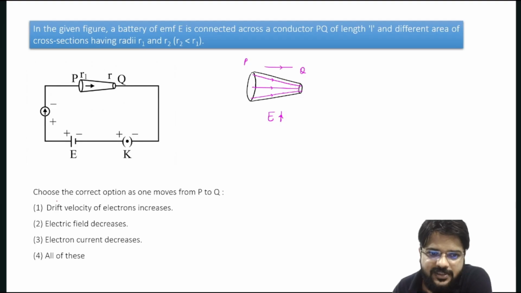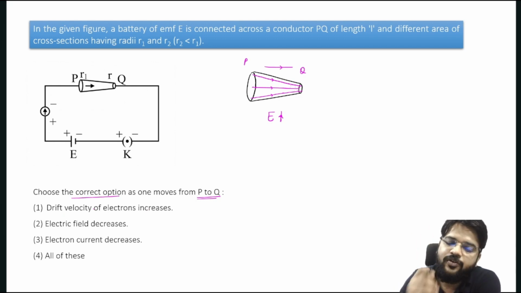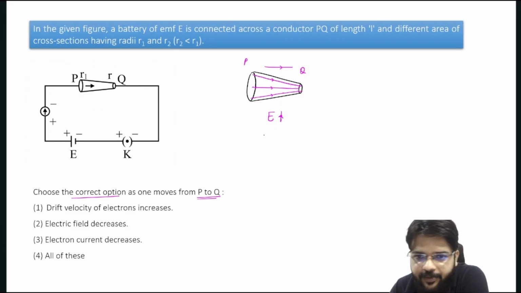Now see the options here. Choose the correct option as one moves from P to Q. So when we move from P to Q, drift velocity of electron increases, and we want the correct options here. So see what will happen with the drift velocity.